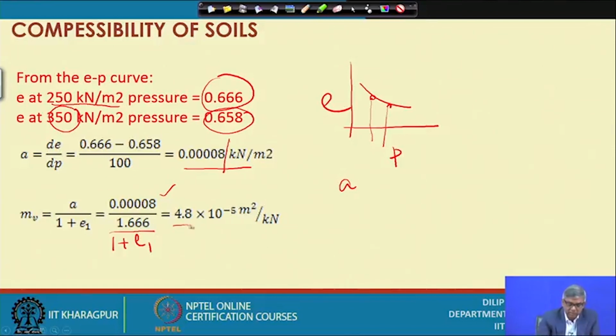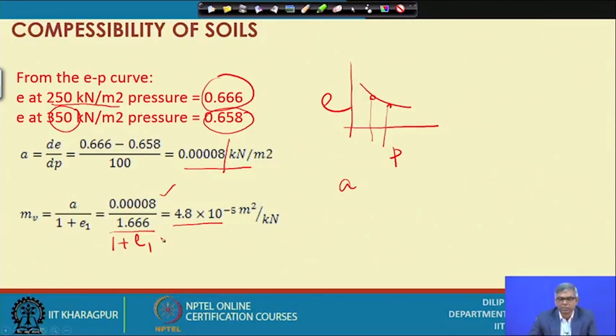The unit of mv will be the same as a, meter square per kilonewton, which is wrongly written here, or 1 by kilonewton per meter square. This is the value we are getting by one method.